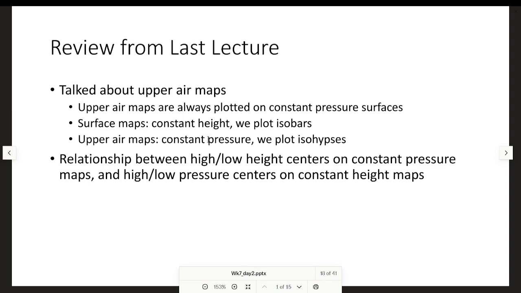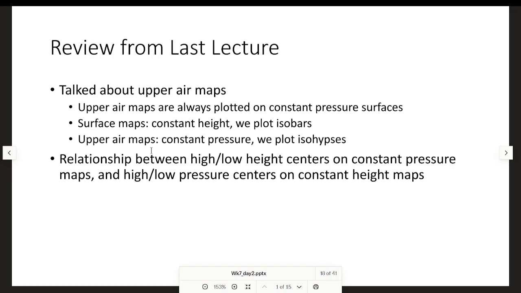So we just talked about the upper air maps a little bit. We talked about how they're always plotted on constant pressure surfaces, and the surface maps are on a constant height, and we plot the isobars, so it's the opposite. We use constant height and we plot the pressures on the surface.